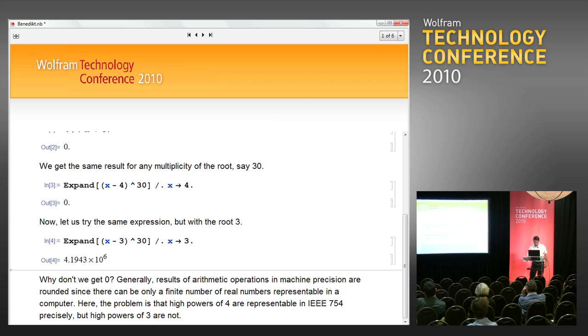Okay, and what can we do in this example with the interval arithmetic?